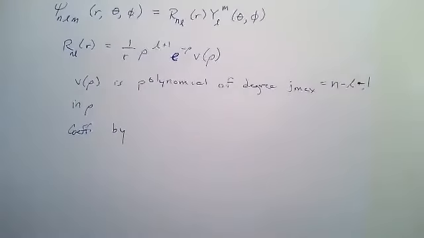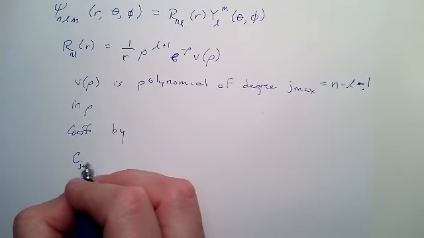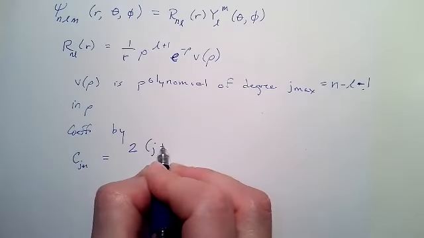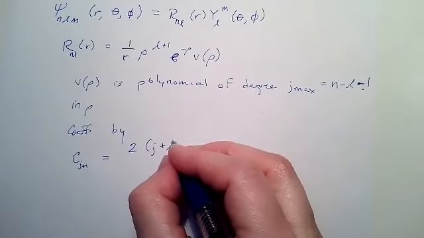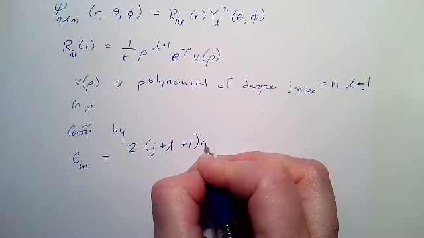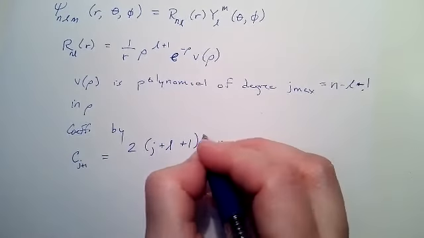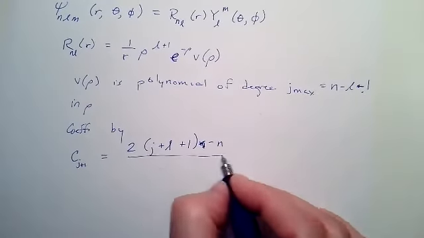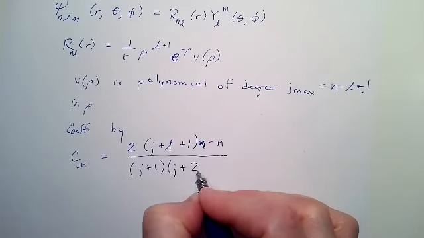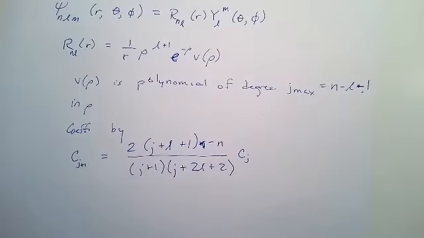That we figured out. So our coefficients are given by c sub j plus 1. We've got 2 times j plus l plus 1, minus n, over j plus 1, j plus 2l plus 2, and all of that multiplied by c sub j.